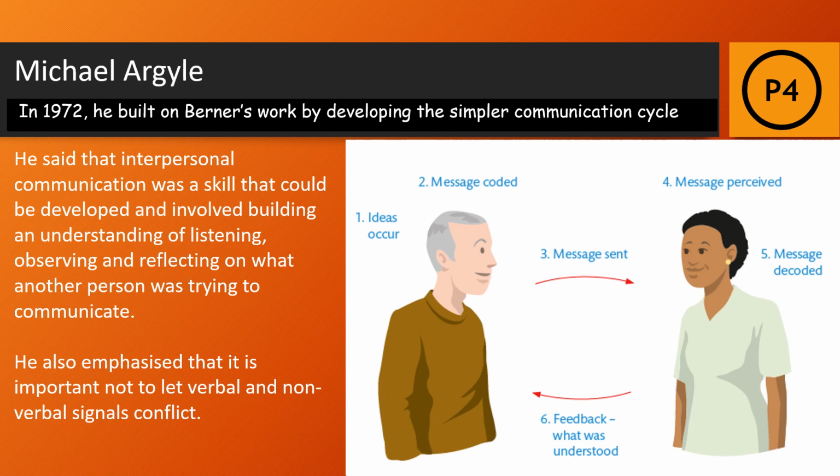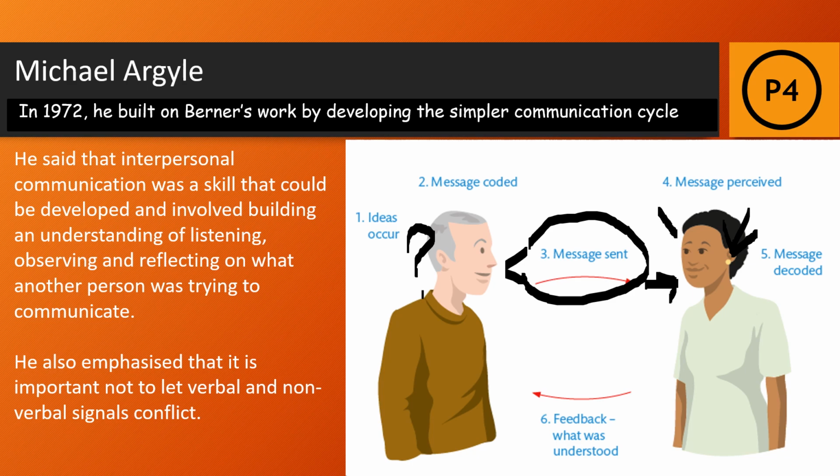And he says it's this process. So the first person will have an idea and they come up with something. They code a message, they create a message, and then they are sending the message out via communication to the second person. They hear the message, they see what's being said, and they perceive it. So for them, they come up with the idea.